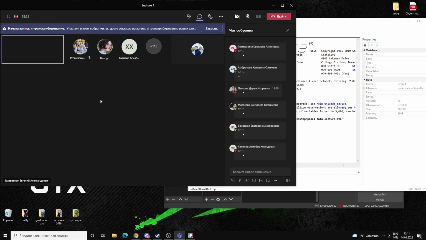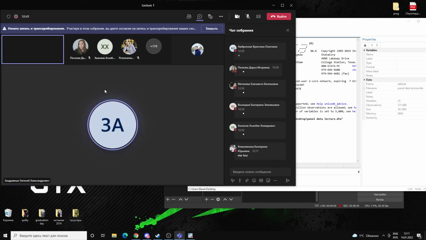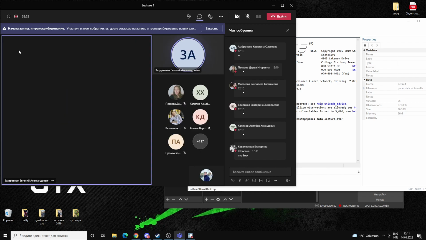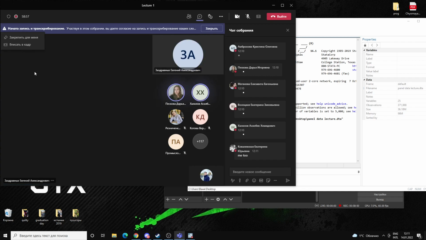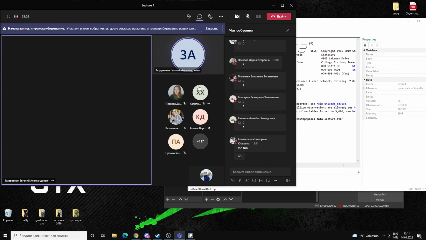Excuse me, I can't see your screen. Me too, we have only a white board without anything. Oh. Okay, let's do view. And now? Do you see my Stata? No, black screen. Well, that's probably a problem with the connection.